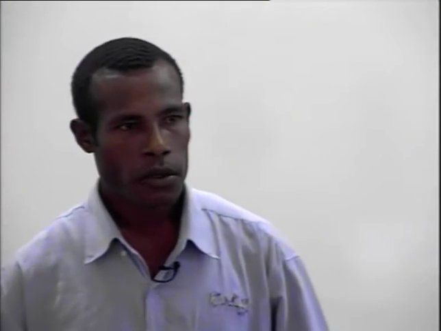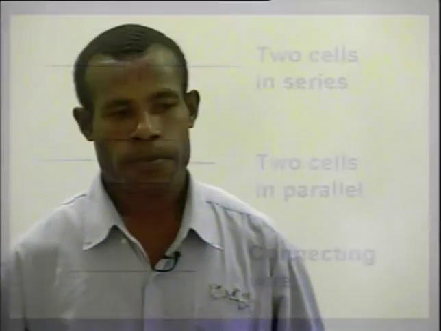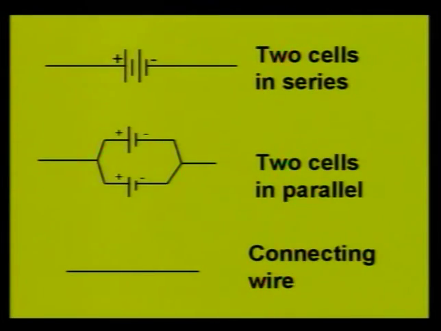All right, we will now look at the first 3 symbols that are used. The first one is 2 cells in series, and the diagram is shown on the left, and on the right you will find the name or the explanation for each one of those.